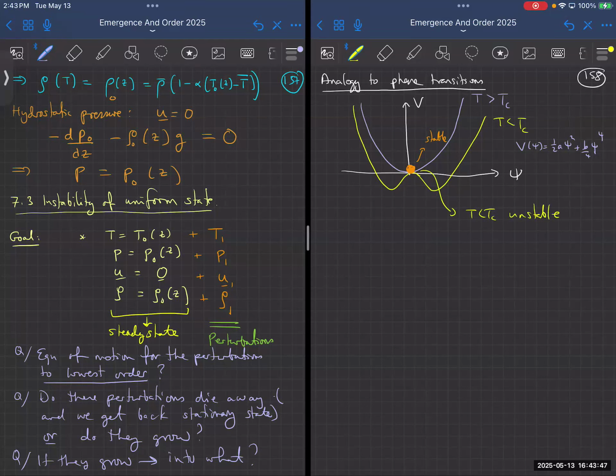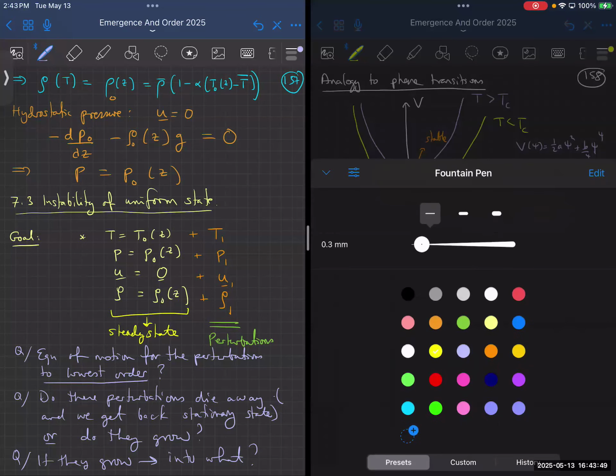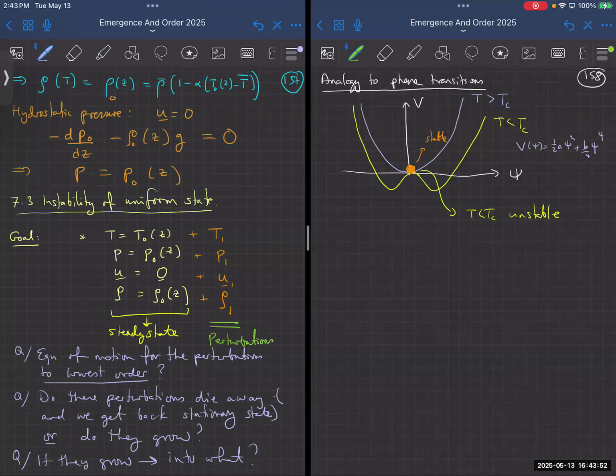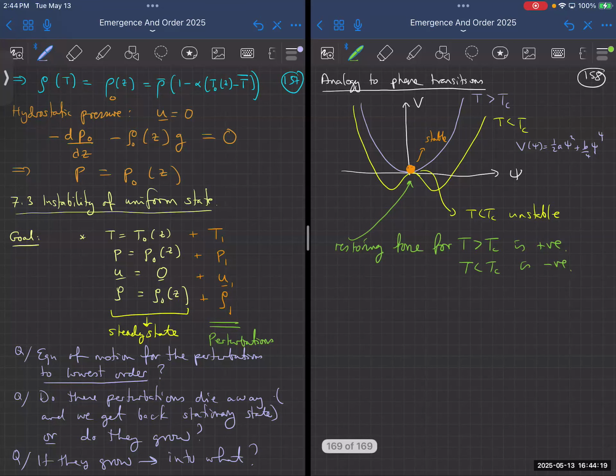And we know that it's unstable because we can measure the restoring force for t greater than Tc. That is positive. And the restoring force for t less than Tc is negative.